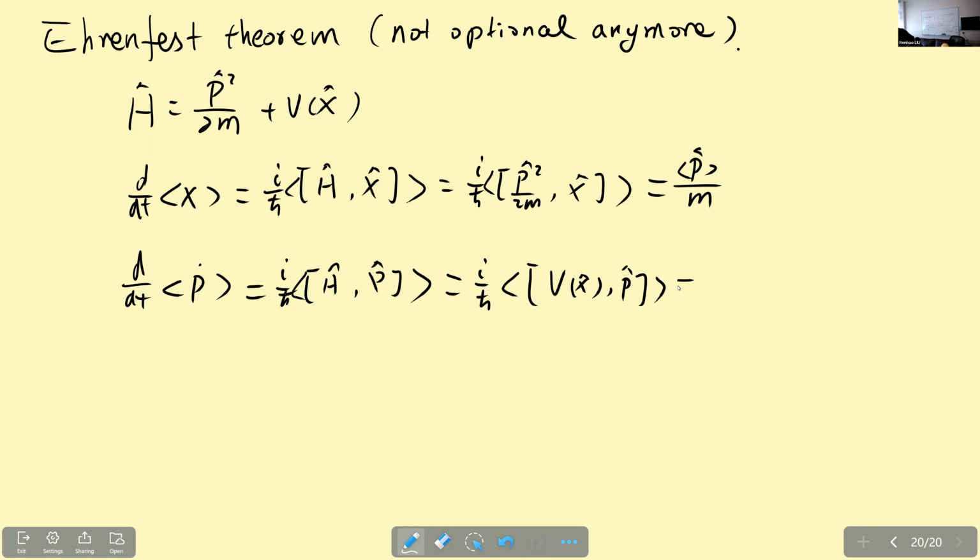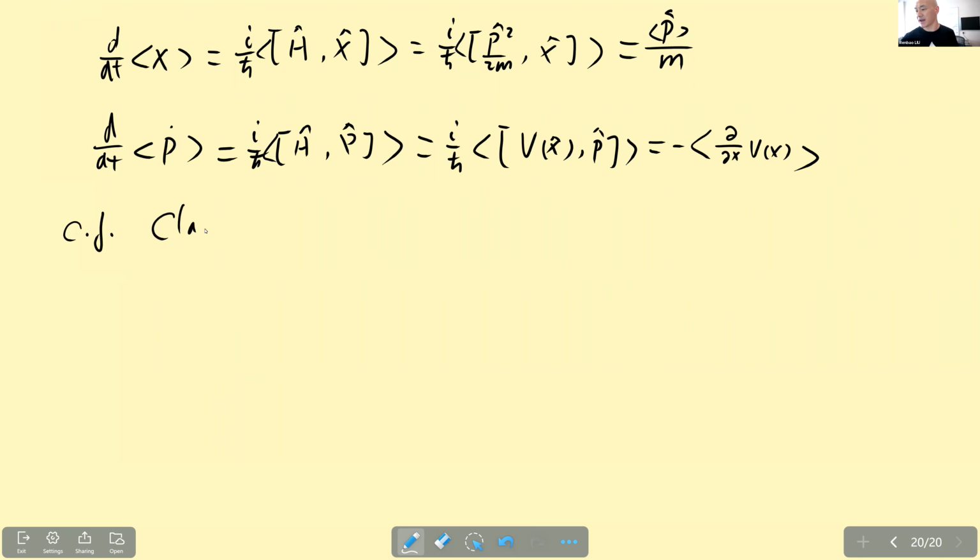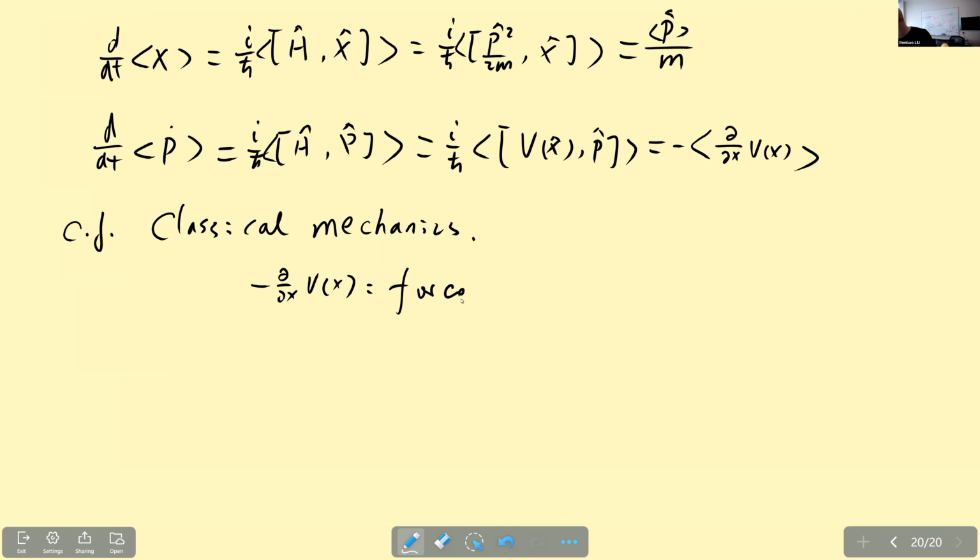So we have done this one before. This one is nothing but just minus partial x of V. So if we compare this one with classical mechanics, remember partial x of V is just a force, and p over m is just a velocity.